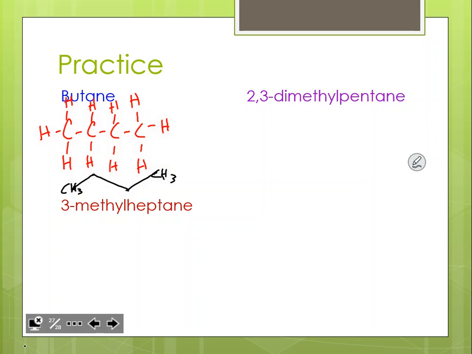The last way you could draw it is the condensed formula, and I like to do the condensed formula, so I'm going to draw it down here since I'm trying to show you all the ways you could draw it. 4 carbons. I like to leave space between them because then I have to add in the H's. All right, the ones on the end are going to need 3 H's, so I just put the 3 H's in there.